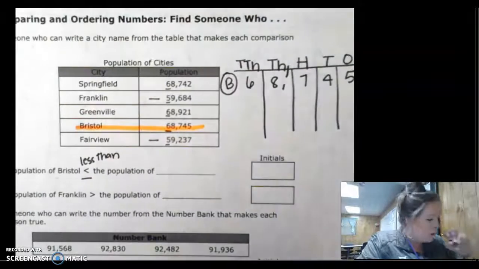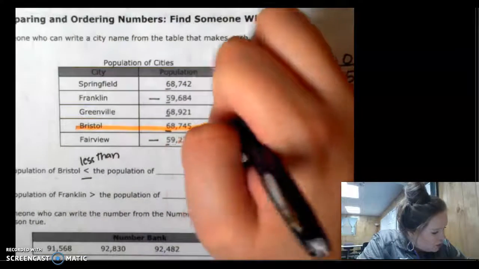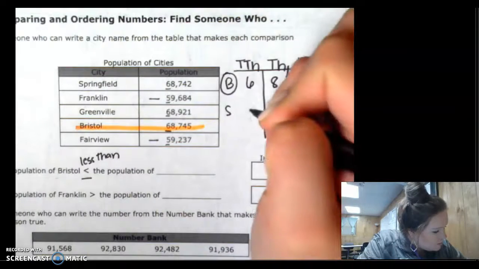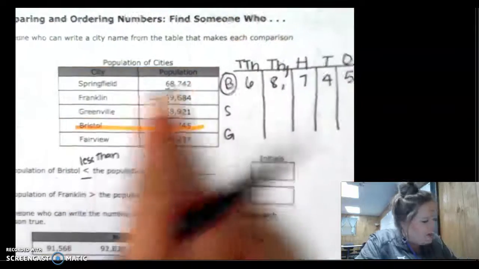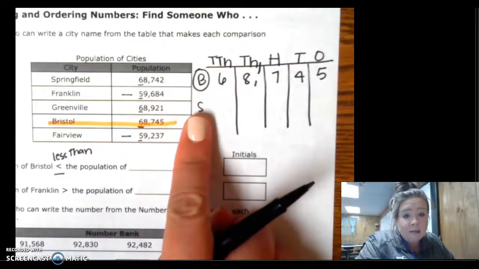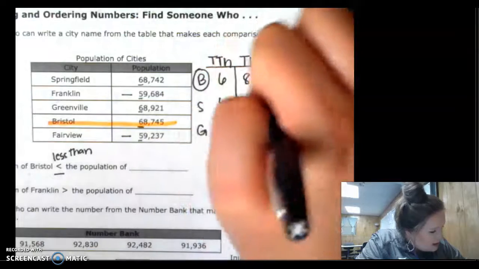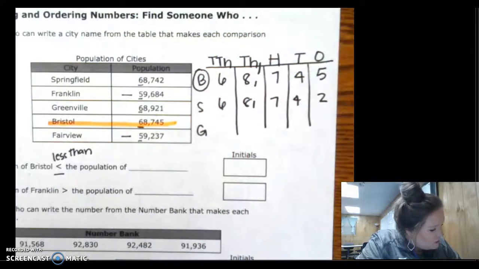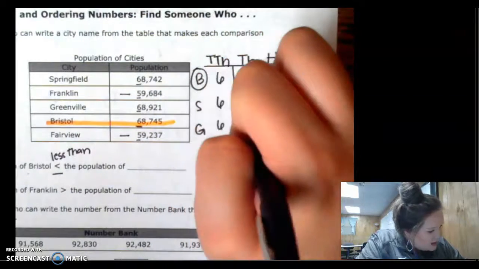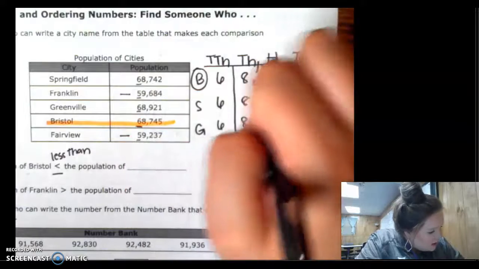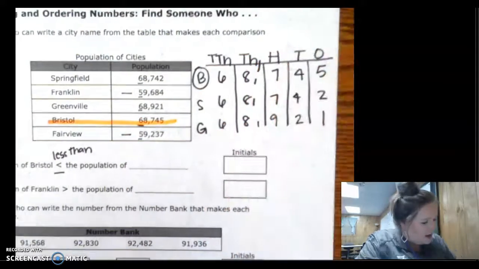Okay? So now I'm going to do Springfield and Greenville. I'm going to put both of those populations in my place value chart. 68,742. 68,921.